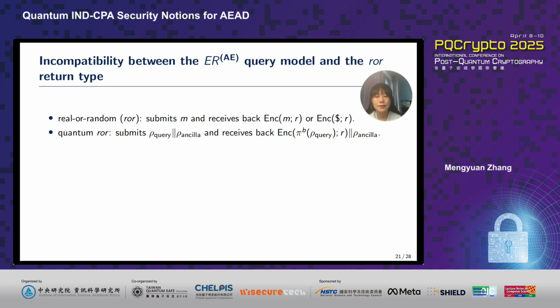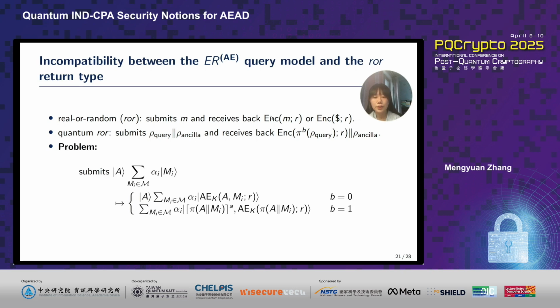Now, when extending this to the quantum setting, we can't use the same definition directly, as the message M may be in superposition. So the common approach is to define quantum real random using a random permutation pi and applying pi to the adversary's query if bit B is 1.